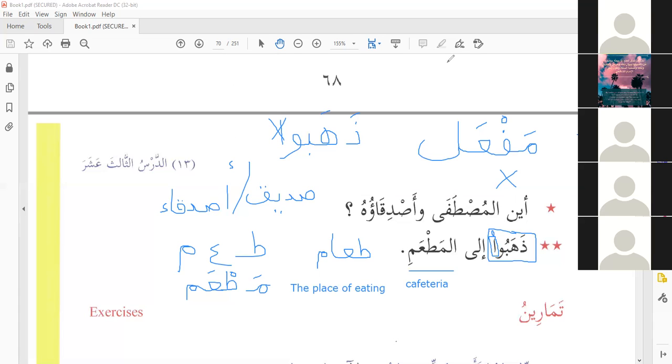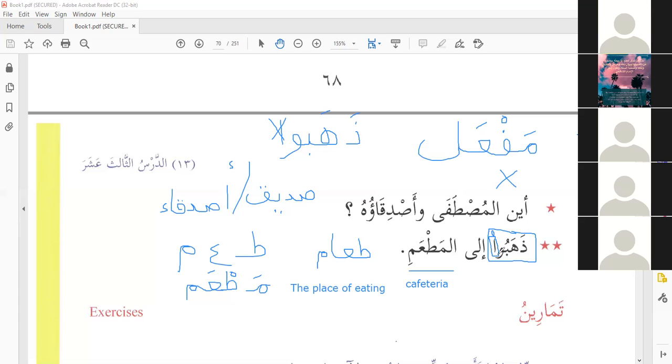Anyone have any questions? Yes, sorry. Dhahabu, there is no gender difference in this? We can just use it for either gender? Good question. This is something we will get into in more detail later. In Arabic, just like in the Romance languages, there's something called taghlib, which is that the masculine form is used for groups that are exclusively masculine and for mixed groups.